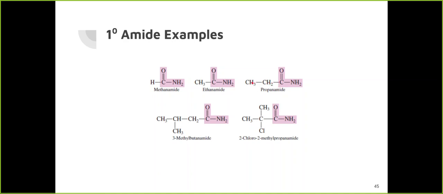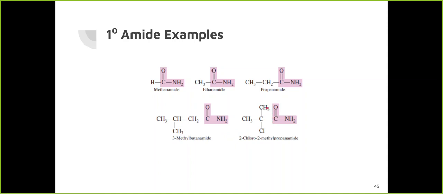Propanamide, three carbons. Here is four carbons, but there's a methyl group hanging off this end. When you're naming this, you go with butanamide for the four carbons, and the methyl is on the third carbon, so it's 3-methylbutanamide.